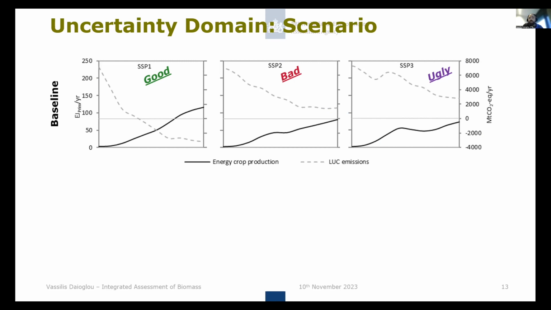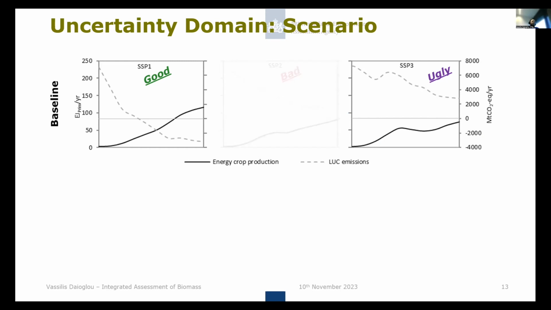So just to make my point, I'm just going to focus on the good and the ugly. What you can see in the good scenario is we typically have a massive increase in bioenergy production, increasing to over 100 exajoules by the end of the century. But we also see that dashed line falling precipitously to even negative land use emissions, even within the next couple of decades.